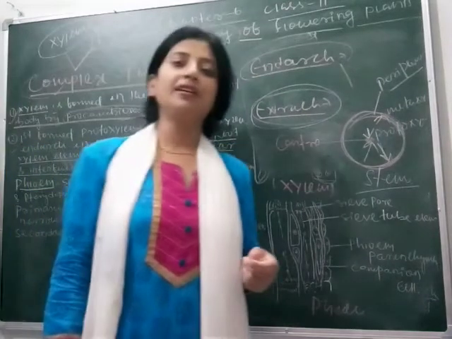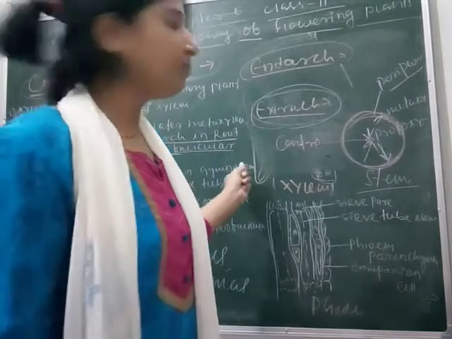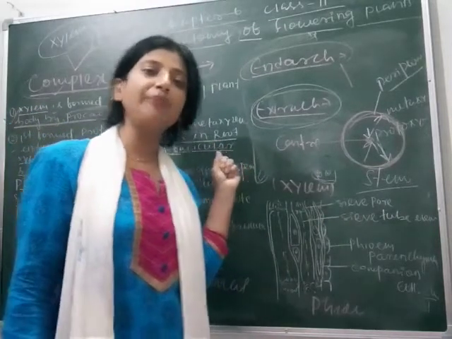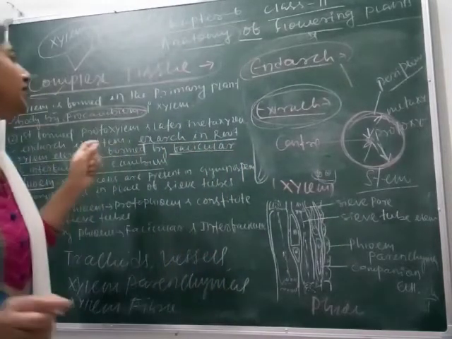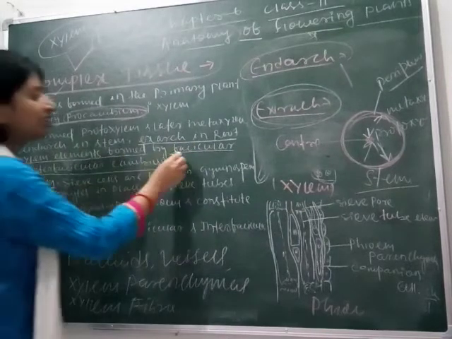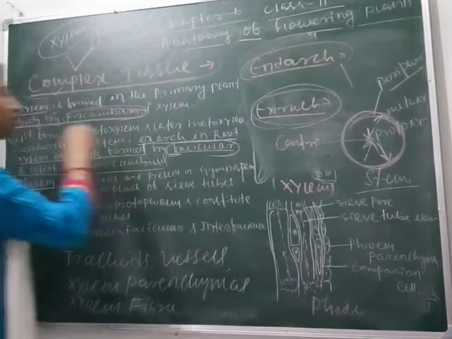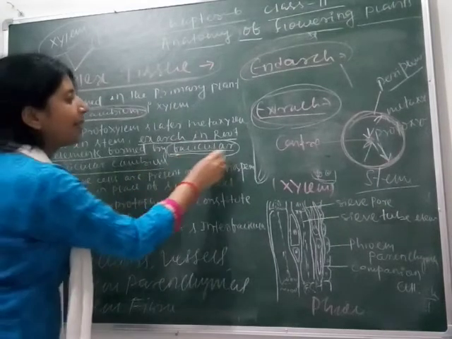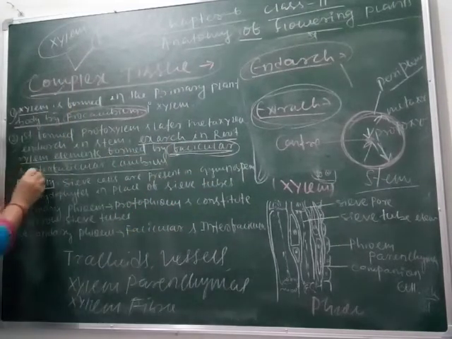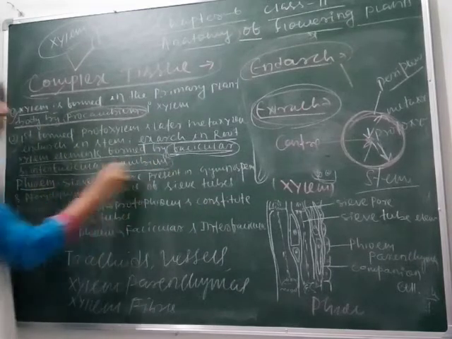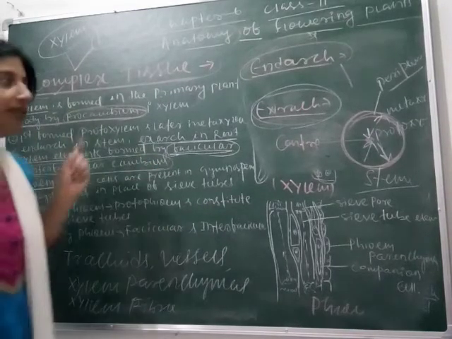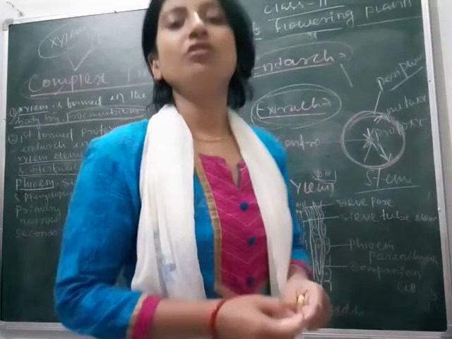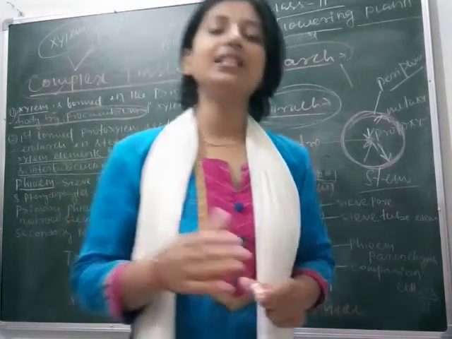I will teach you later about fascicular and interfascicular cambium. Now you just remember that the xylem elements are formed by fascicular cambium and interfascicular cambium. Clear?